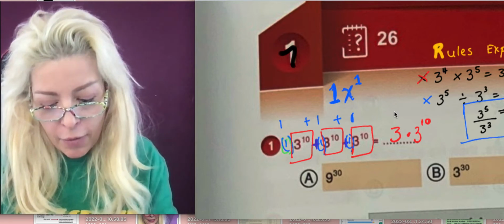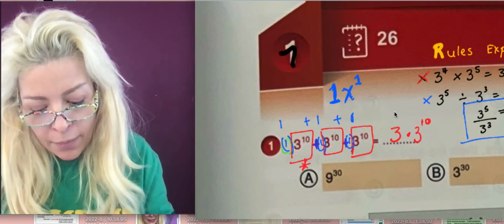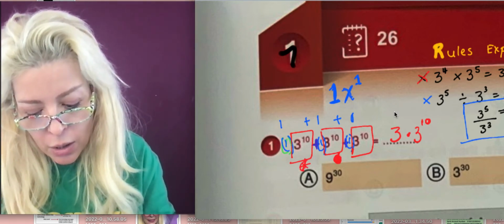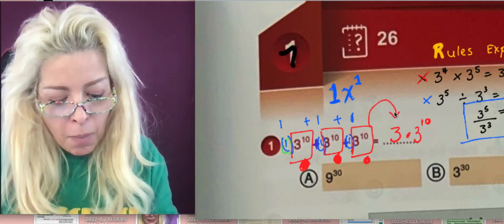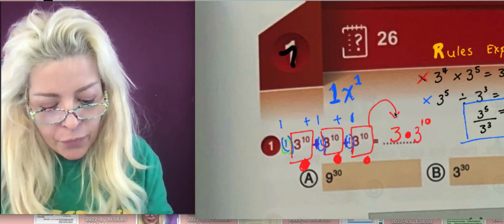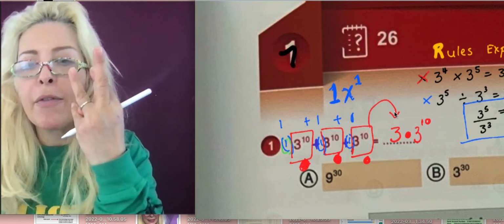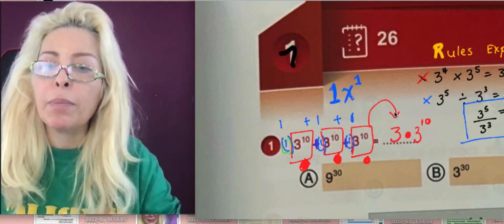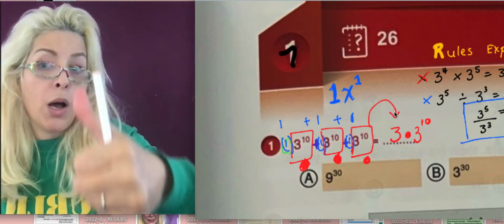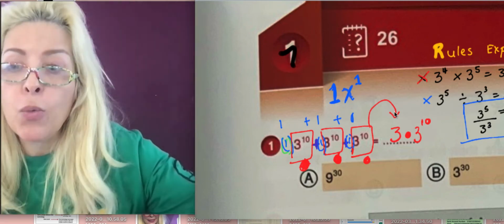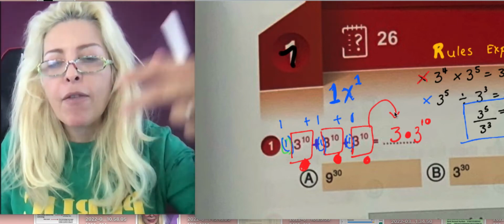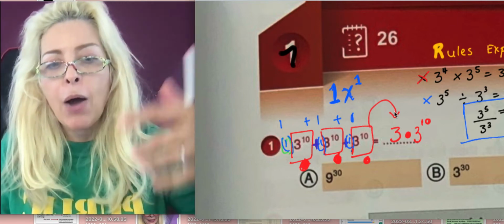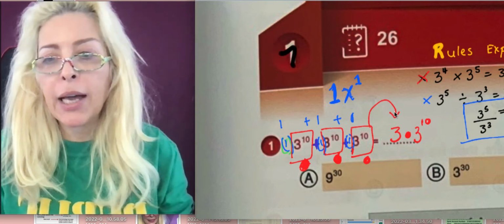That's what we have, because we have 1, 2, 3. So we put a 3 here, multiplied by 3 to the power of 10, because we have 3 of these 3 to the power of 10, and we're adding them. 1, 2, 3. 3 what? 3 exponents that have a base of 3 and a power of 10. Okay?